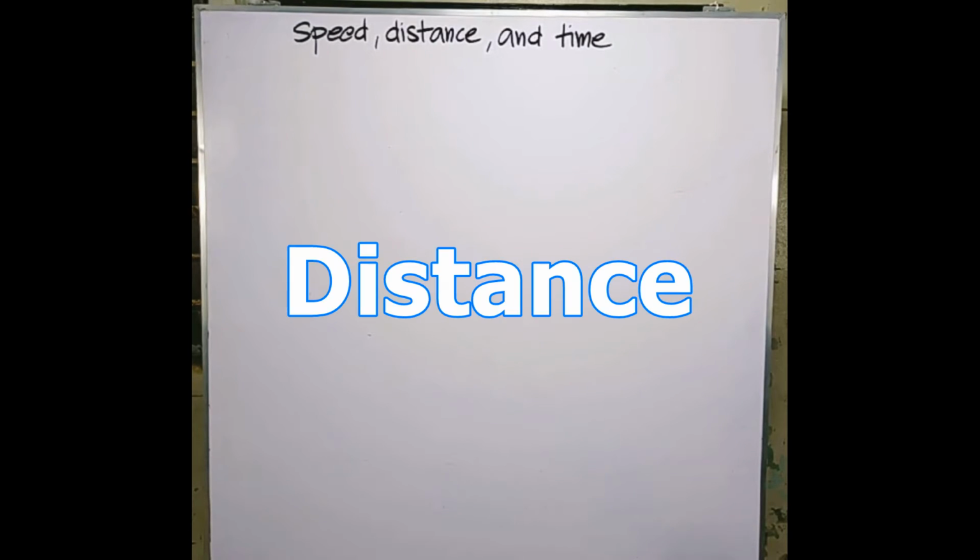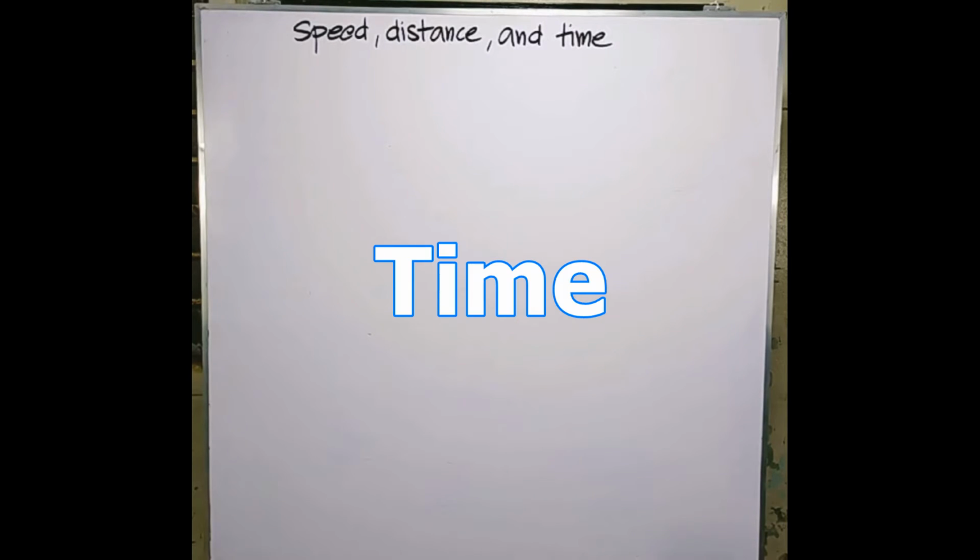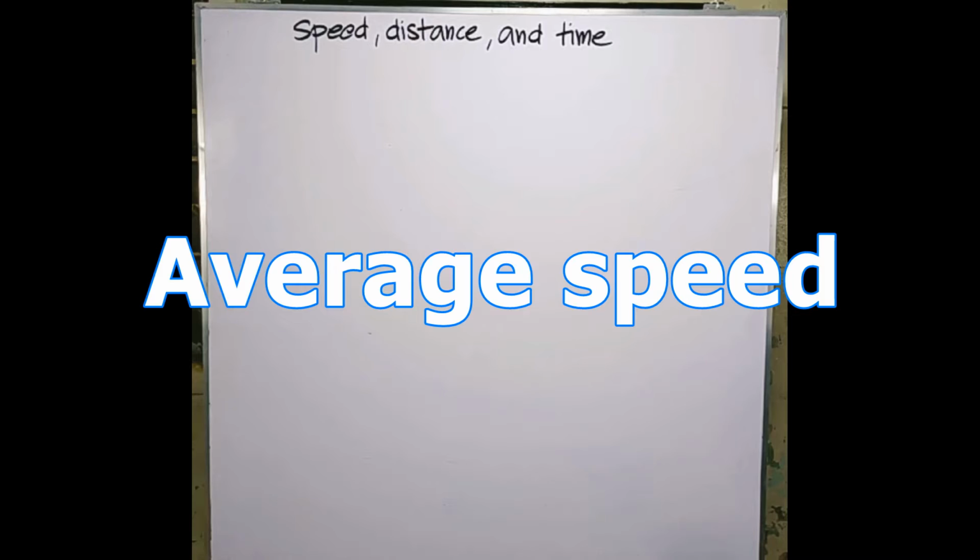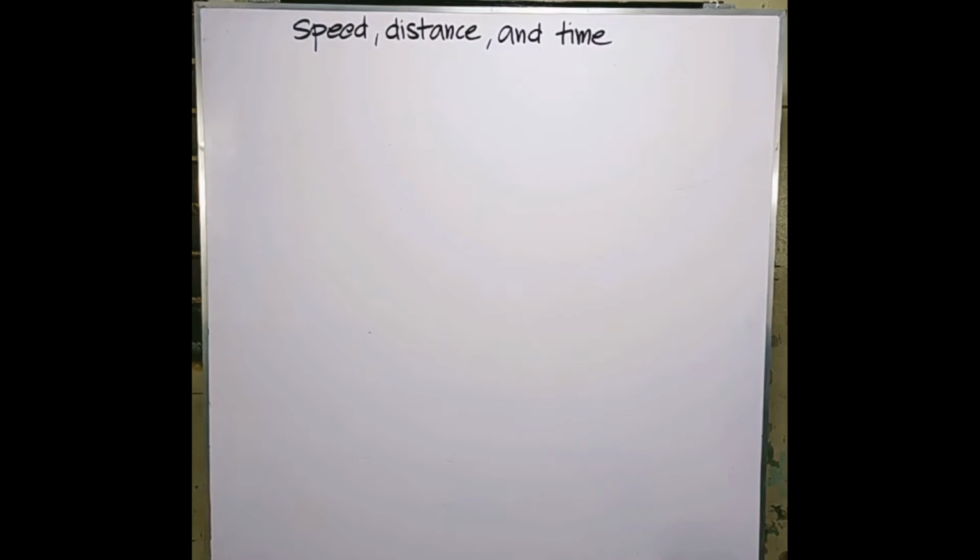Distance is the total length between two positions. Time is the quantity, measured or measurable period during which an action, process, or condition exists or continues. Average speed is a measure of the distance traveled in a given period of time. It is sometimes referred to as the ratio of the distance and the time.